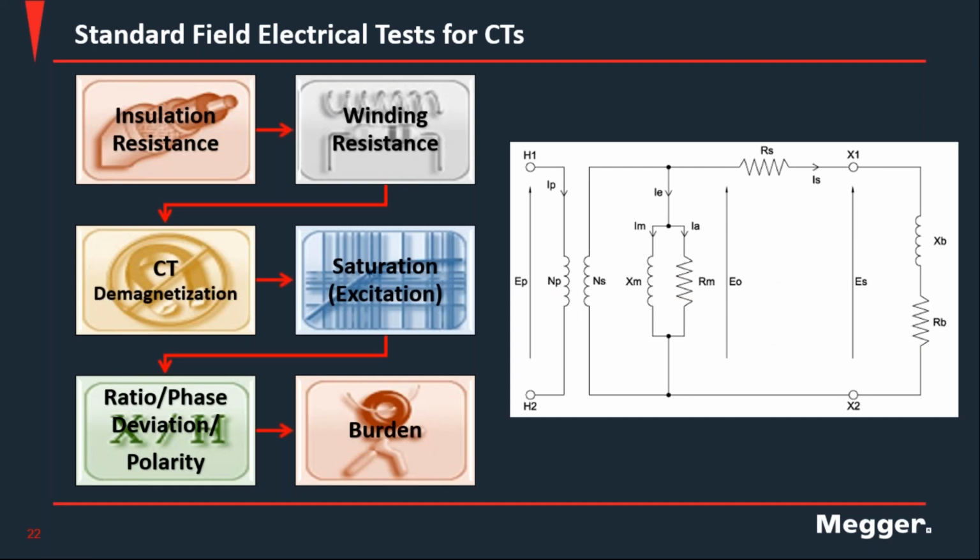To take care of that probable remnant flux in the core and to make sure that the subsequent measurements, all AC based, are not affected by that remnant flux. So again, certainly a possibility. That's why it's recommended to run these two first and then go to demagnetization to then continue running your other tests.